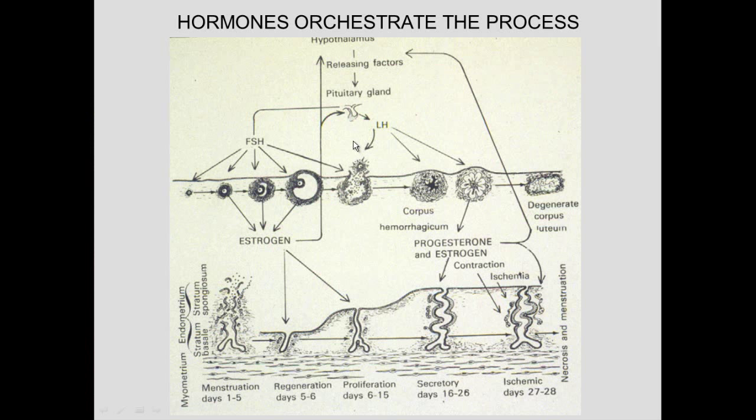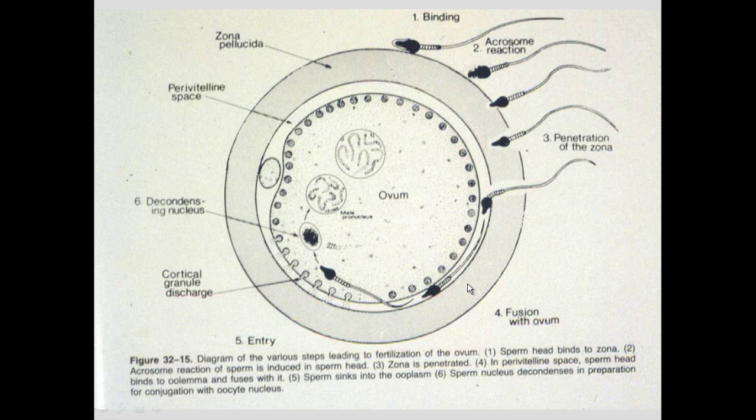So overall, in terms of orchestration, you've got the hypothalamus and the pituitary producing hormones which stimulate the ovaries to produce different hormones. A high concentration of LH causes ovulation, but it also luteinizes the corpus luteum, which maintains a pregnancy if she is indeed pregnant.